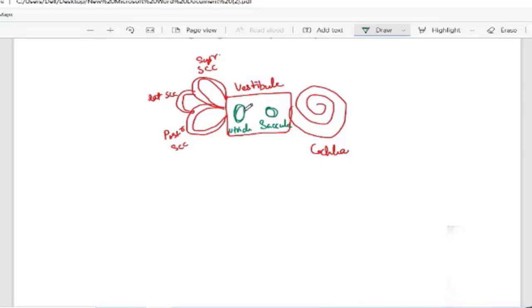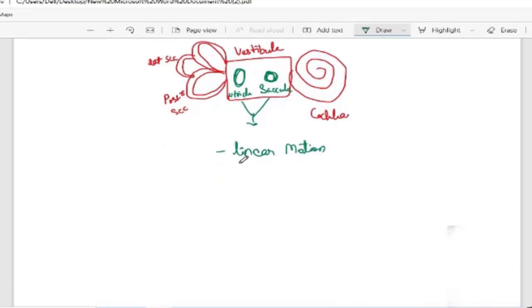So these utricle and saccule, which form the central part, are mainly responsible for linear motion. That means linear acceleration and deceleration.